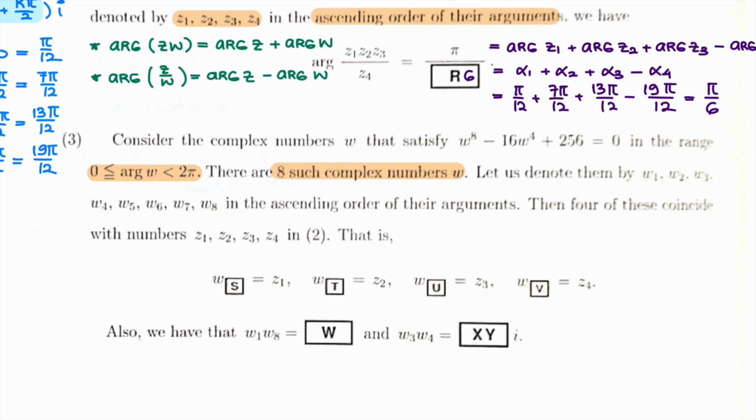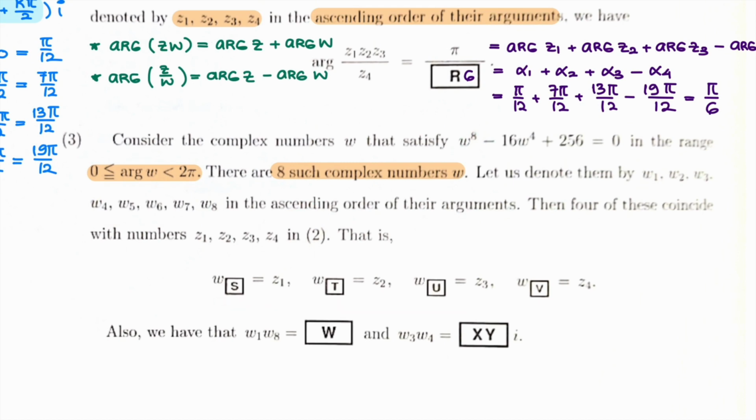So we denote the solutions of w by w1 until w8 in ascending order of their argument. Then 4 of these coincide with the numbers z1, z2, z3, and z4 in 2. That means 4 of these 8 solutions are the same as z1, z2, z3, and z4.